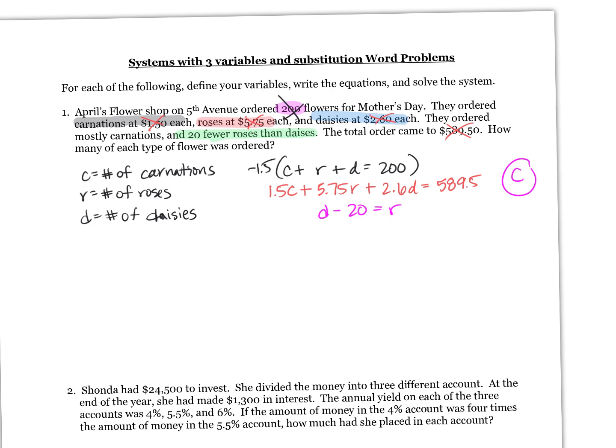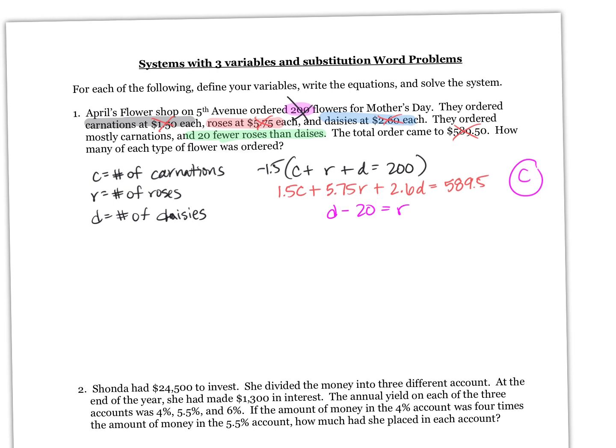We're going to get our calculators, and I'm going to write negative 1.5C minus 1.5R minus 1.5D is negative 350? It's negative 300, not negative 350. Thank you. This is my first equation. I want to add that to my second.